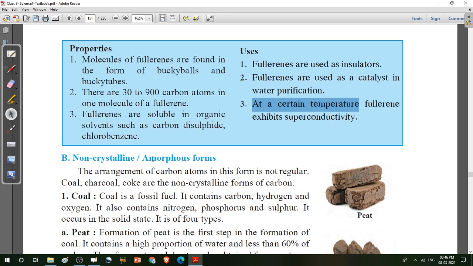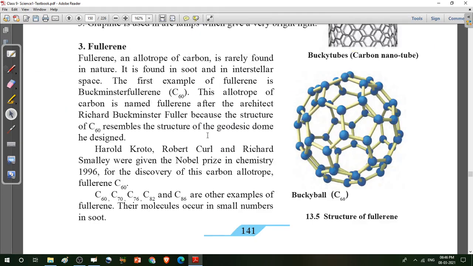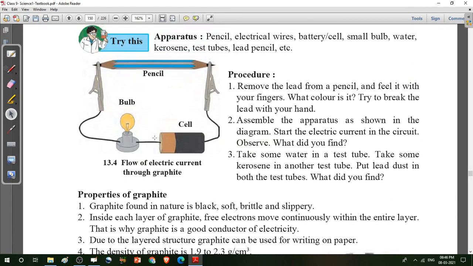Dear students, this topic I will explain in the next lecture. I hope you understood today's lecture, and I request you to write down all three examples of the crystalline forms of carbon. First, diamond: write down the structure of diamond, where it is found, properties and uses.